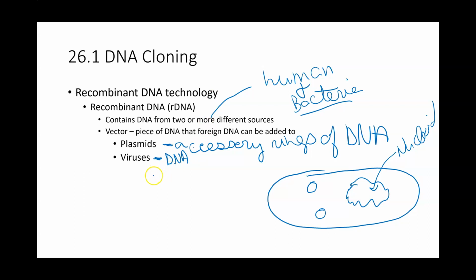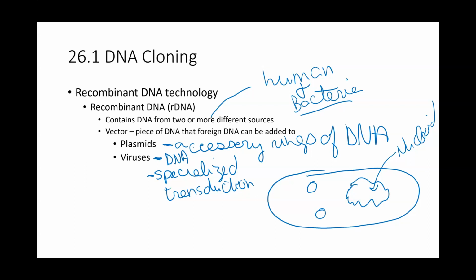And we do this through a process known as specialized transduction. We then are able to take in information into that virus that we want the virus to produce.